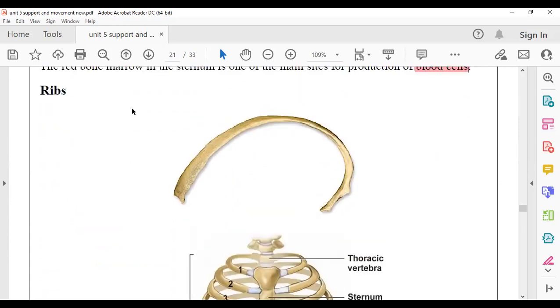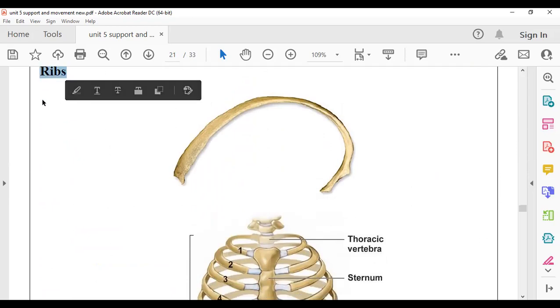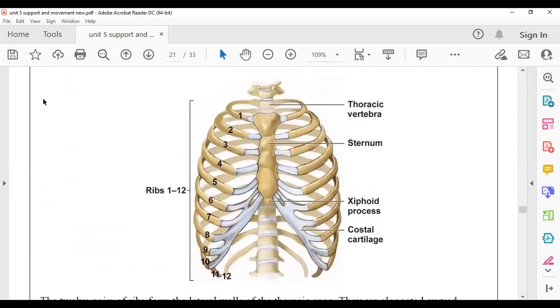Next we are coming to ribs. If you take the ribs, first thing, how many ribs do we have? 12 pairs. Left 12, right 12. Here, this is one place a rib joins the sternum.